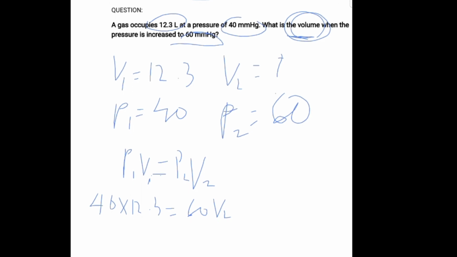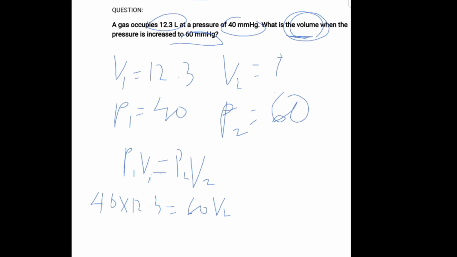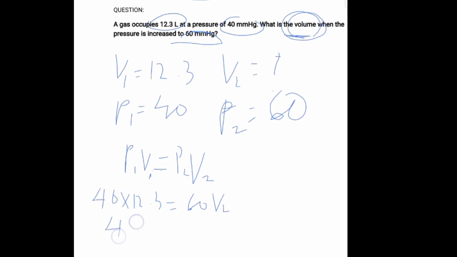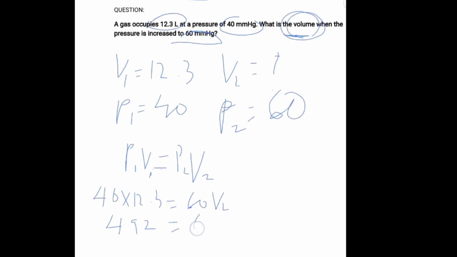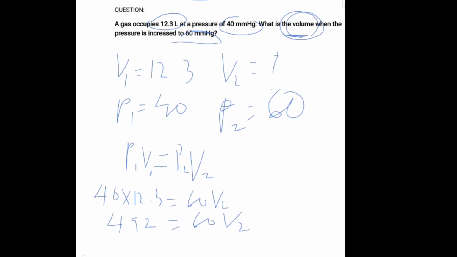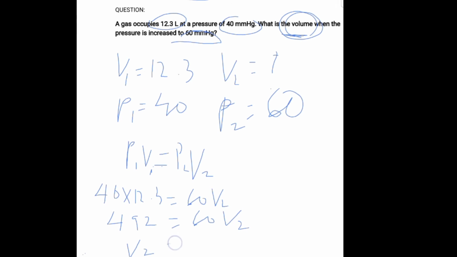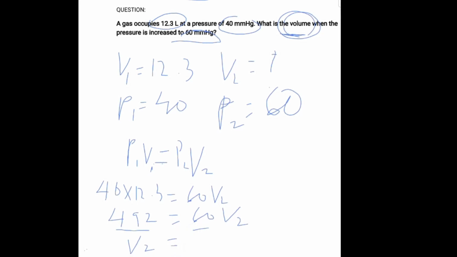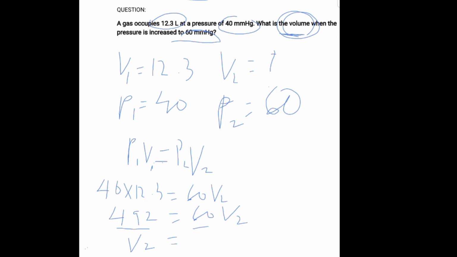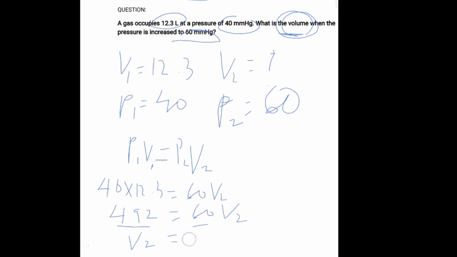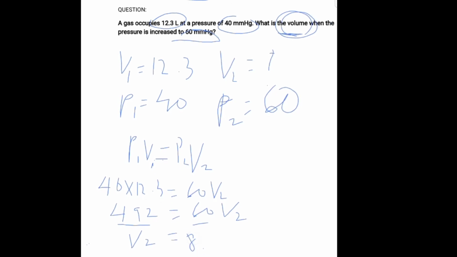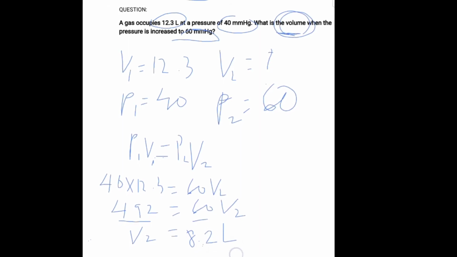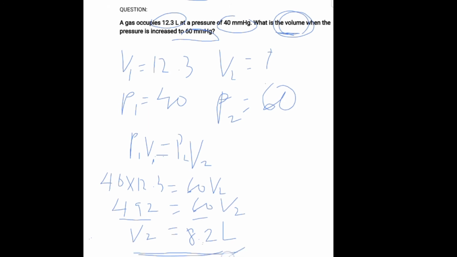After multiplying 40 times 12.3, we get 492, which equals 60 V2. Now we need to divide 492 by 60, so we got 8.2 liter. Don't forget the unit.